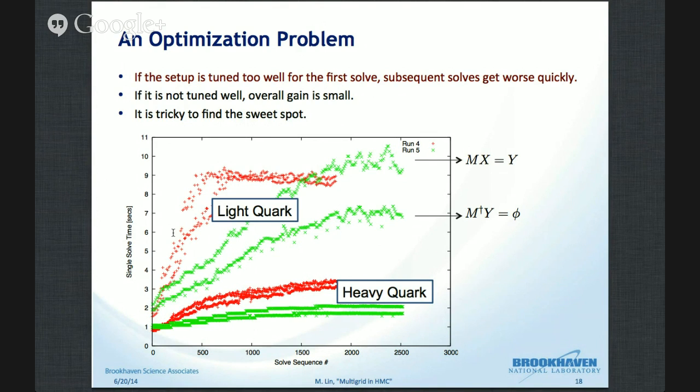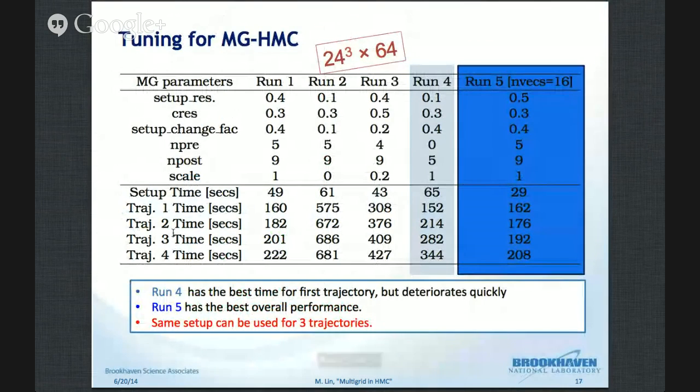At the very beginning the red points outperform the green points, but then it crosses over very quickly, and then the green points outperform the red points. It's just another way of seeing this: it gets worse much quicker for run 5, and it stays almost the same for run 4.